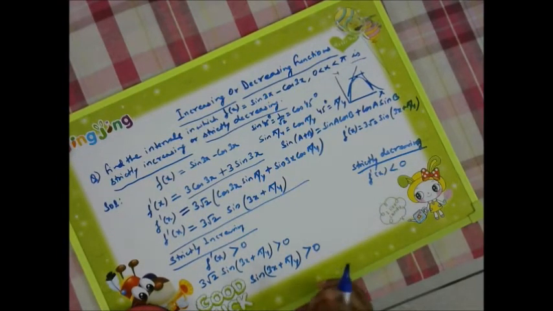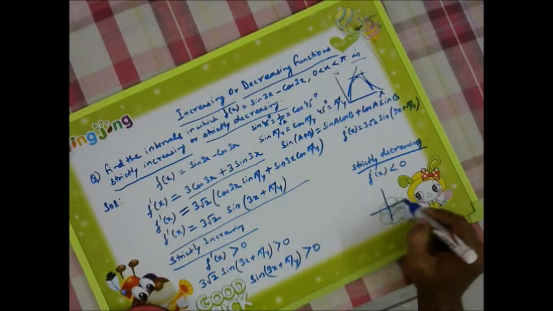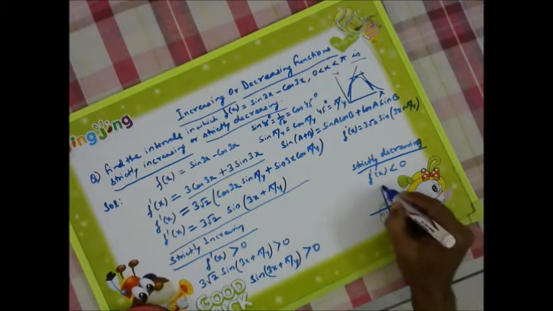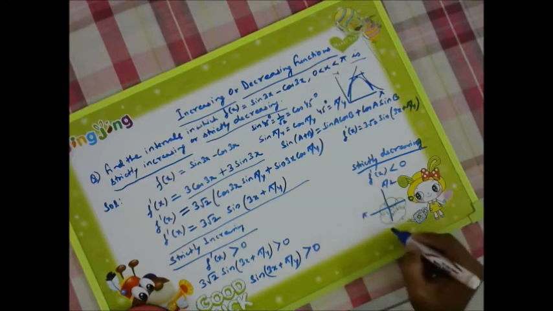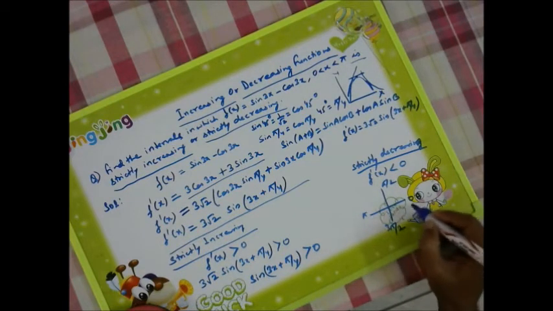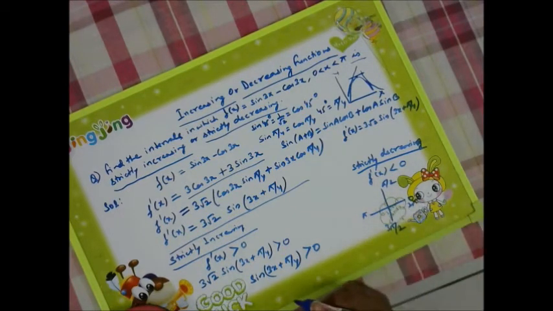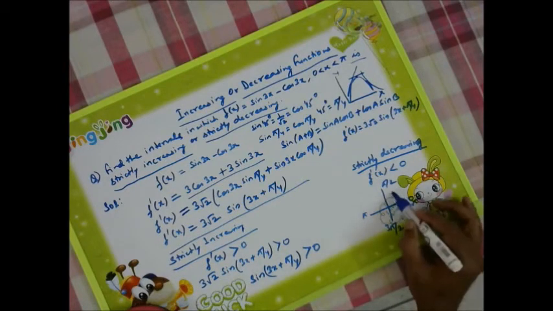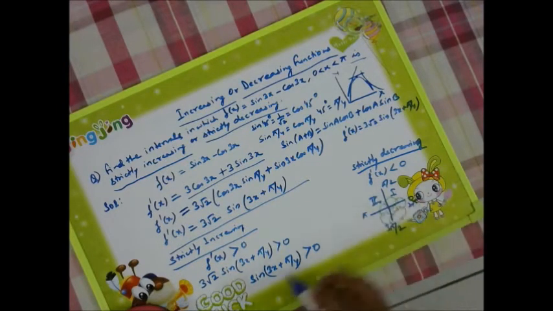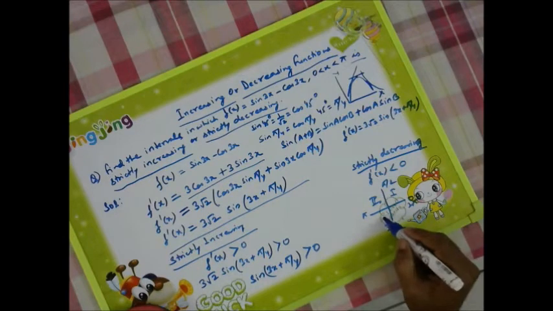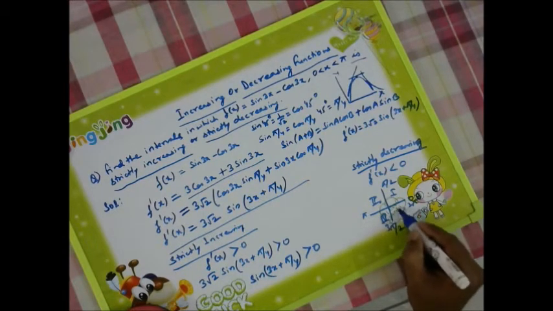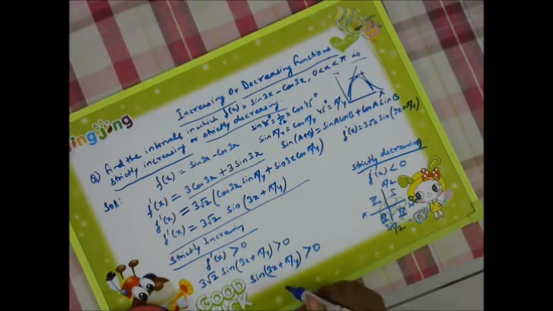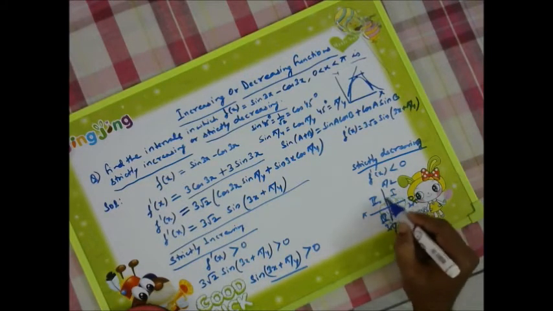We already know that in a quadrant the angles are 0, pi by 2, pi, 3 pi by 2 and 2 pi. In the first quadrant and the second quadrant, sin theta is always positive, meaning greater than 0. It will be negative in the third quadrant and the fourth quadrant. So this angle has to be between the first and second quadrant.